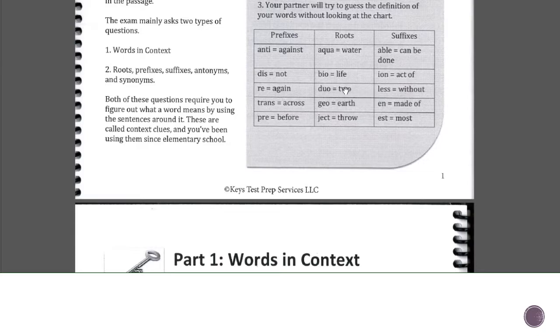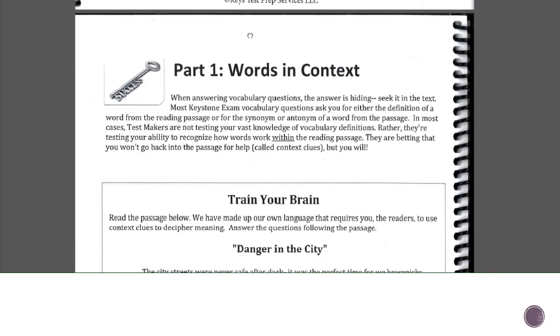Well, see, now that's not going to make any sense. Now, let's try and find a different one. We could do anti-aquaist, someone who is against water the most. There are silly words you can make, but there are real ones you can make too.